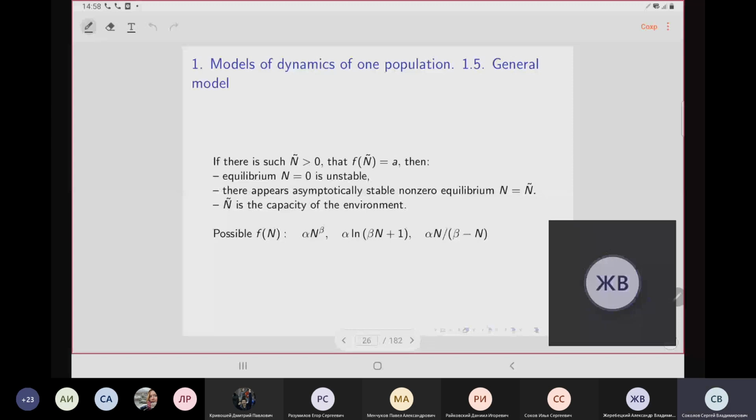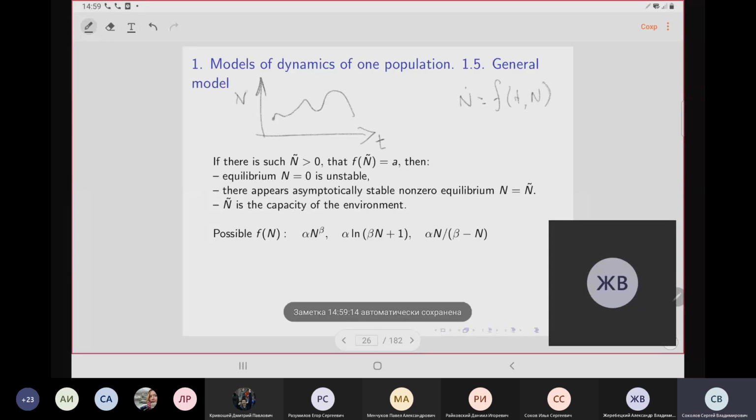So what is the stability? Let us consider some solution of our equation. We have n dot is f of t, n. It's our differential equation. This is our time, and this is n.